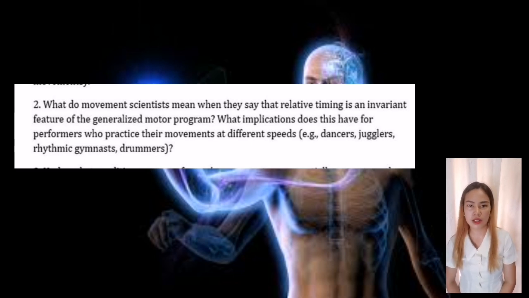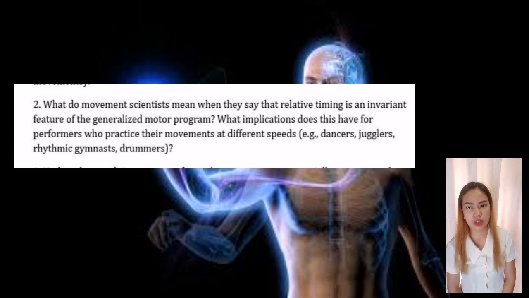When they say that relative timing is an invariant feature of the generalized motor program, it means that relative timing is an unchanged feature of the class of movements. For example, when a movement situation requires a learned sequence to be produced, the relative times used to produce the elements in the sequence remain unchanged, but the absolute time is rescaled to meet the specific demands.